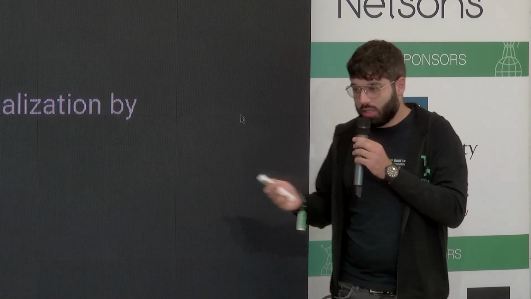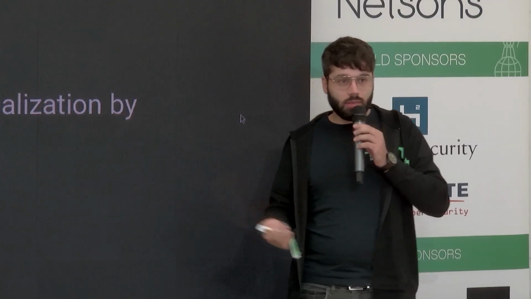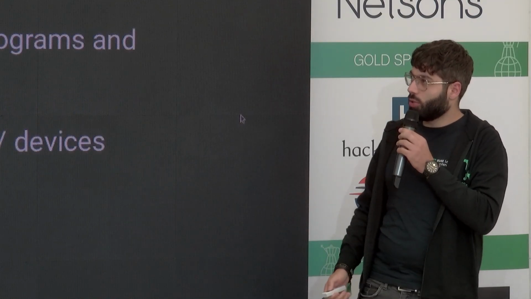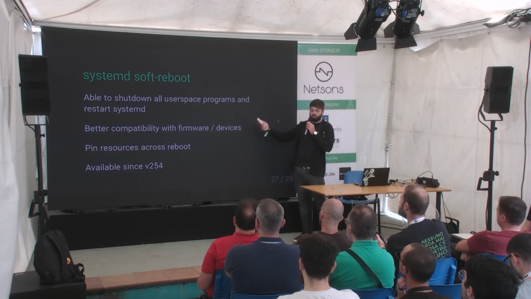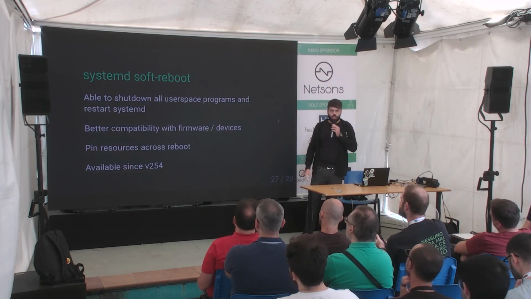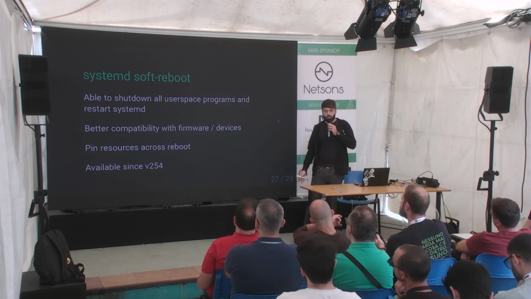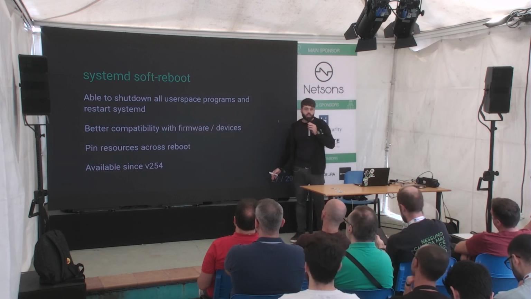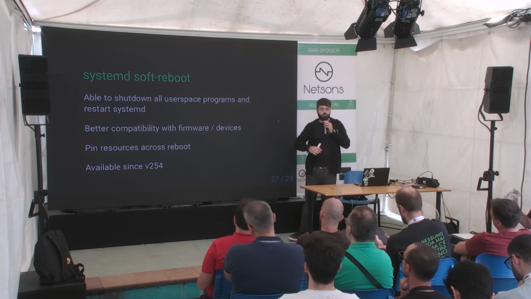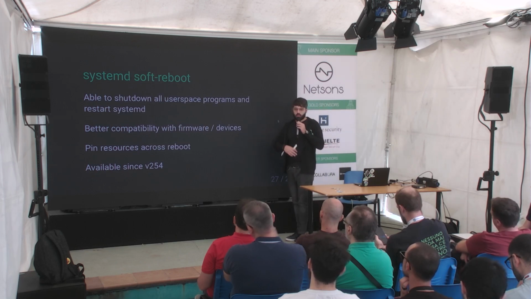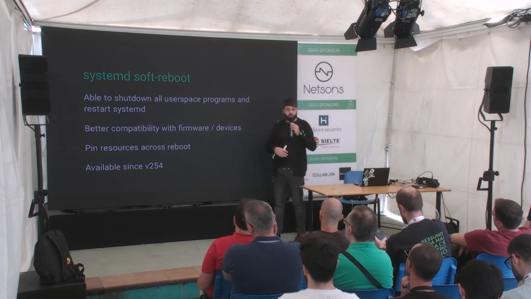So what did systemd do? Systemd added a new feature called soft reboot, and this is actually the command, systemctl soft-reboot. What happens is that instead of loading a new kernel, we can just ask systemd to shut down the entire user space, all the programs, and systemd itself will shut down.